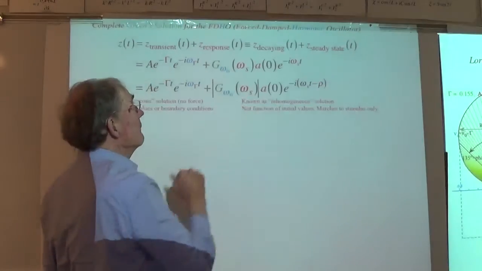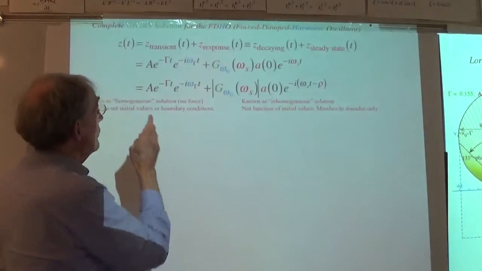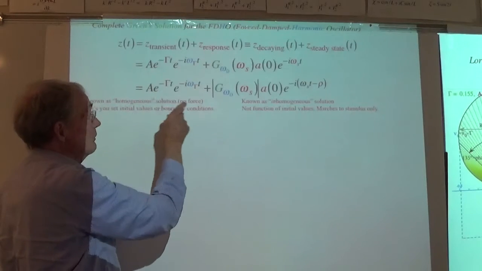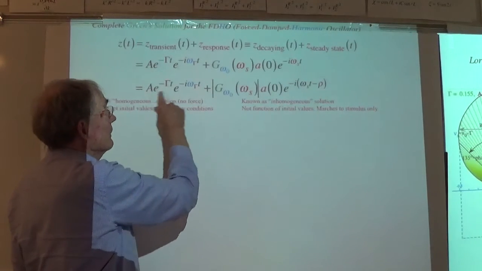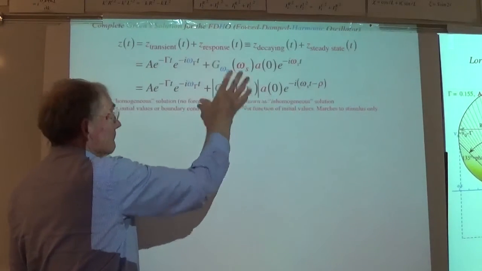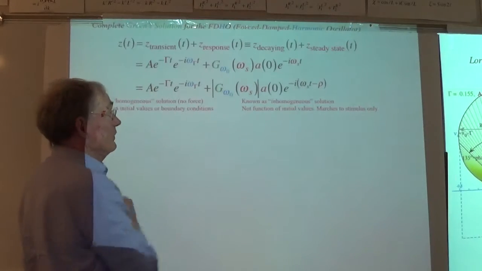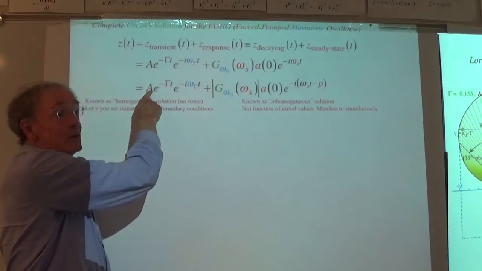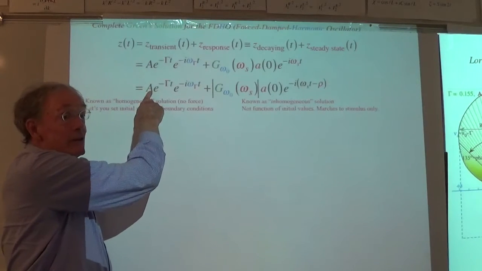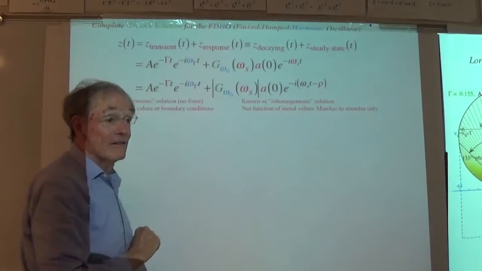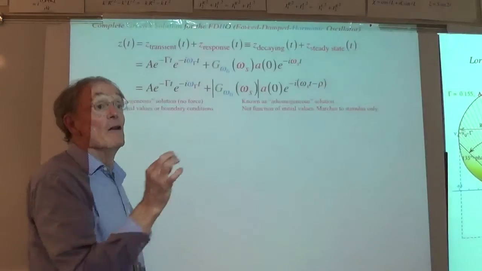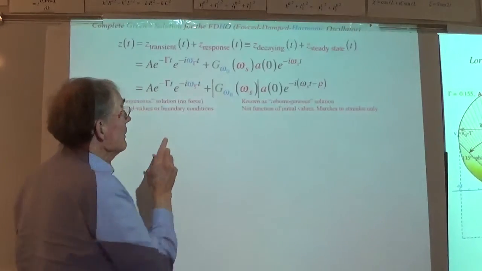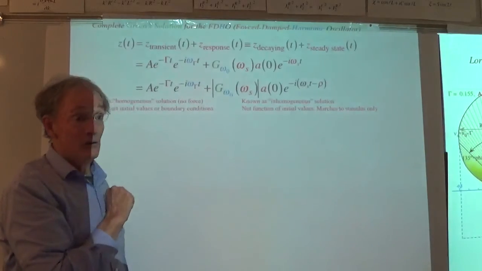That doesn't match your initial conditions. What you're going to have to do is have something here that is equal to this in huge magnitude with a minus sign. In other words, you're going to have to set this A here to something hugely negative to cancel this thing, to make it 0 for an instant, right? And then this thing is going to die out.